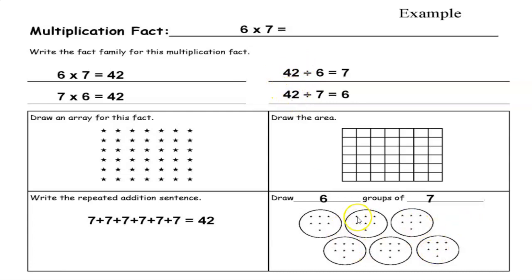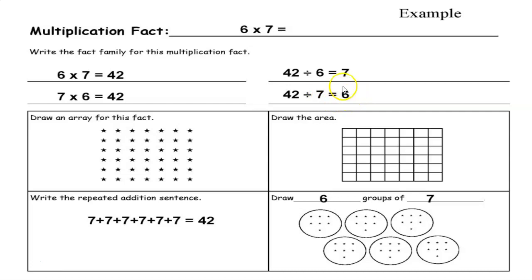So if we look at this picture, for example, I have a total of 42 little stars. When we divide, we start with the total. We're going to share the number 42 equally. And then we can think, if I have 42 stars and I put them in 6 groups, like the picture here, how many am I going to put in each group? Well, that's 7. I can change the order around where I start with 42 stars, and I'm going to say, I'm going to put 7 in each group.